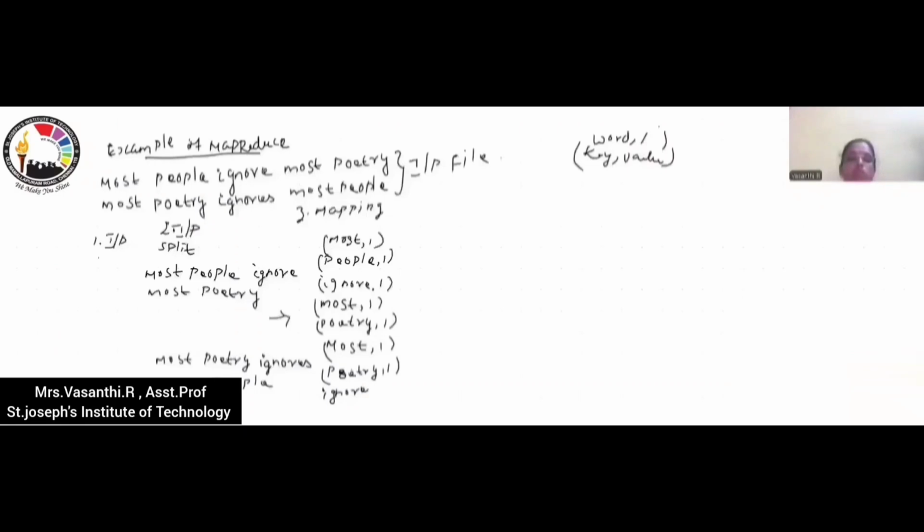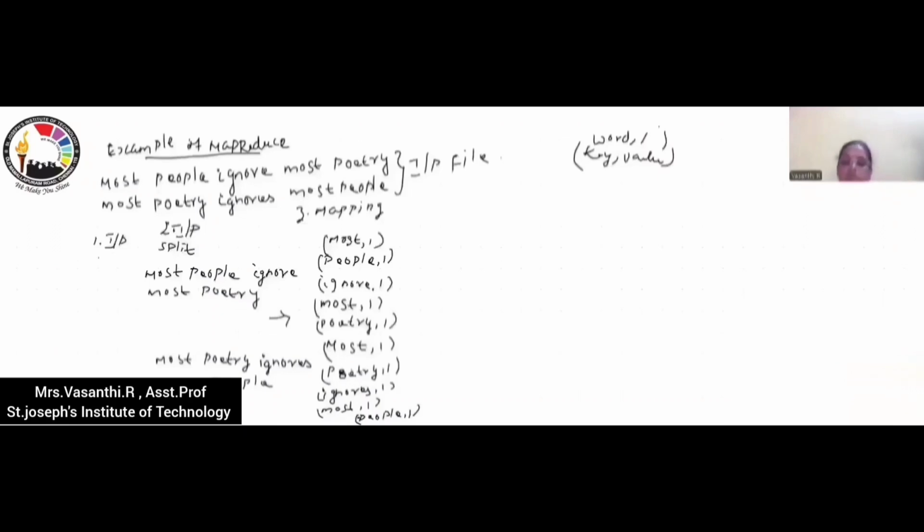The next one is most, comma, 1. And the final one is people, comma, 1. So the split data is mapped in the form of key comma value pairs. The block contains n number of words, and each and every word is represented as a key comma value pair.